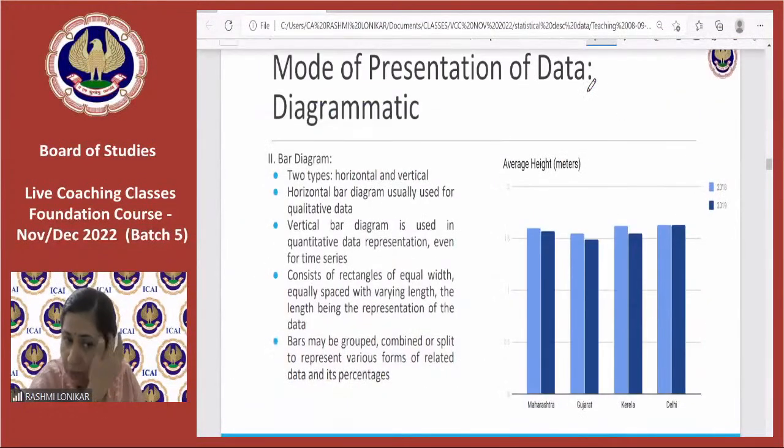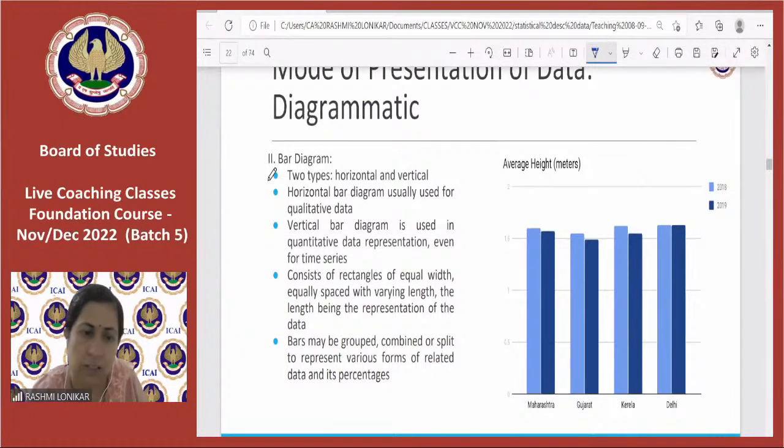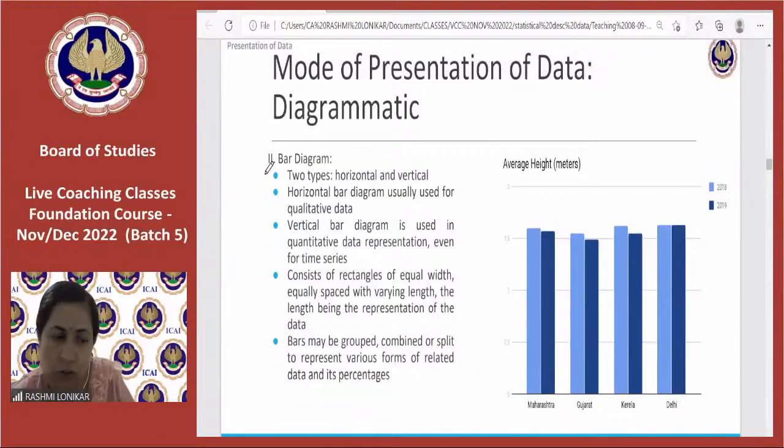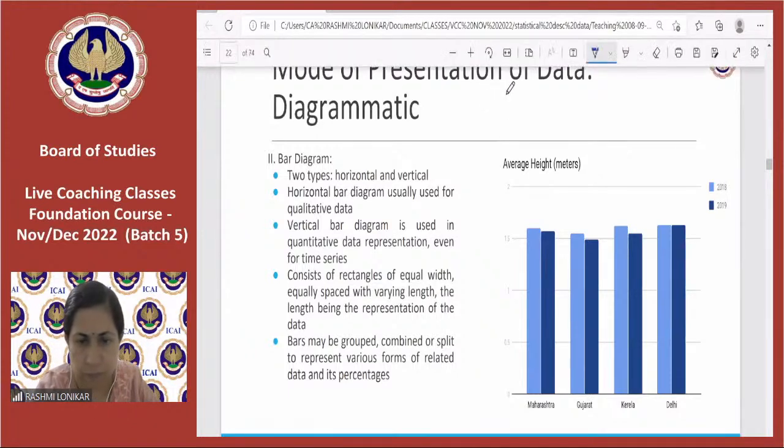The second diagrammatic type we are going to talk about is the bar diagram. Bar diagrams are of two types: one is horizontal and the other is vertical.